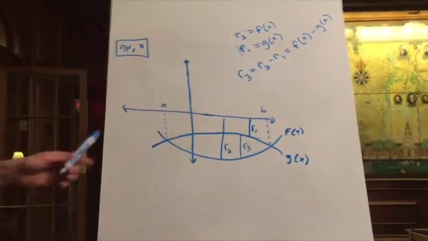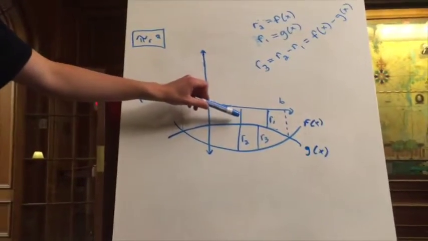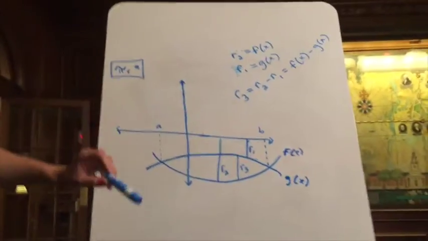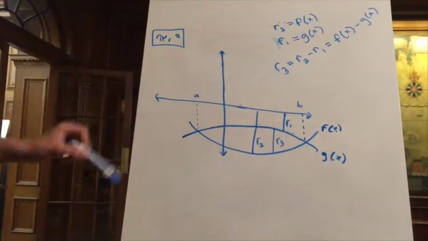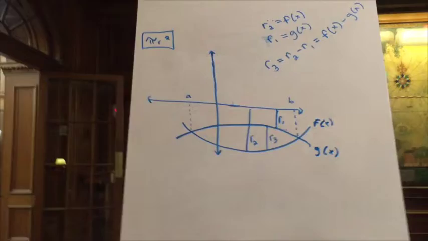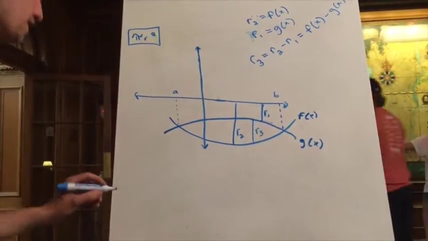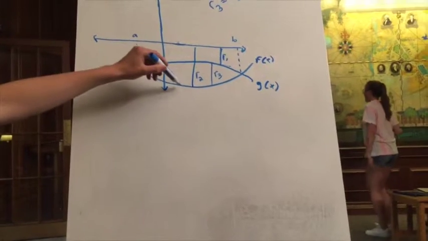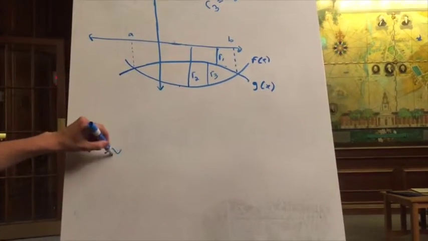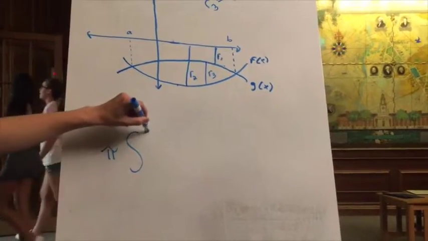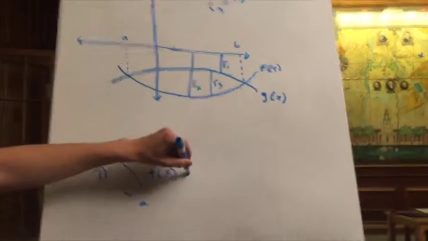So now that we've defined r3 as being the length between r2 and r1, we can set up two integrals, one for the volume of revolution between g of x and the x-axis, and one for the volume of revolution between f of x and the x-axis. Subtract them from one another and get the volume of revolution between these two curves. So first, since f of x is further away from the x-axis, we will set up the integral between a and b of pi f of x squared dx.